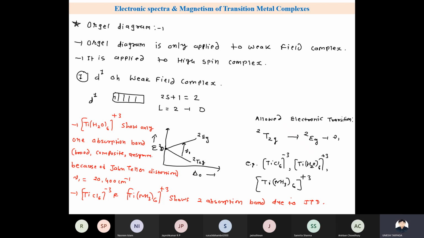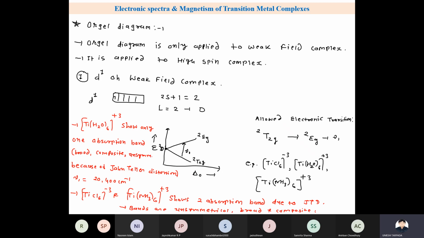Of course, this band is unsymmetrical, broad and composite. So this is about the d1 system.